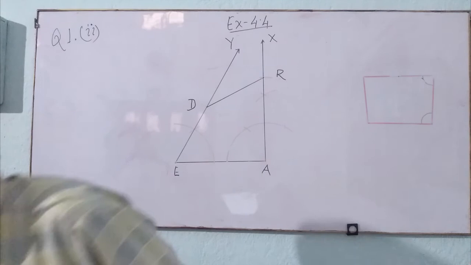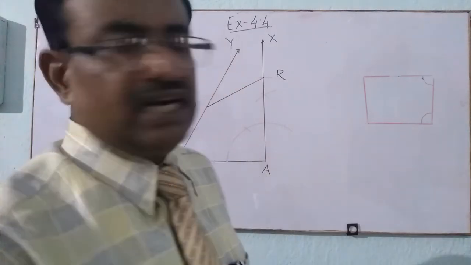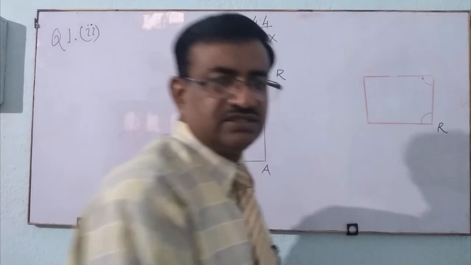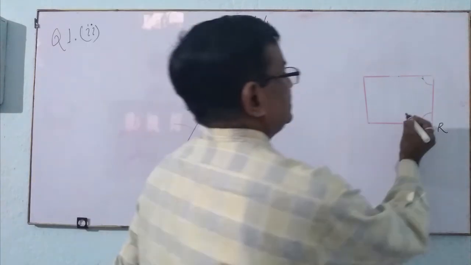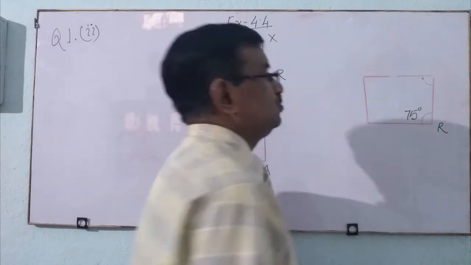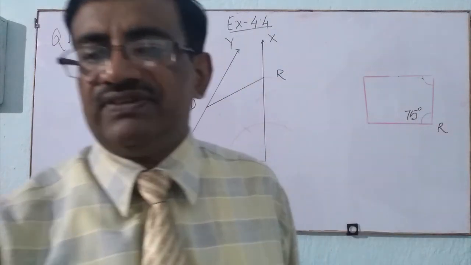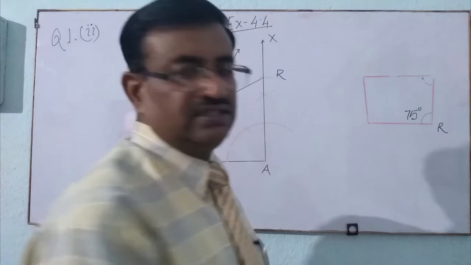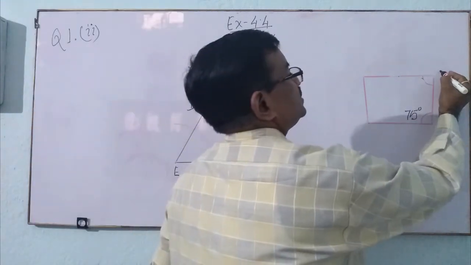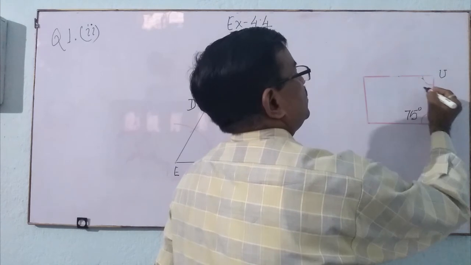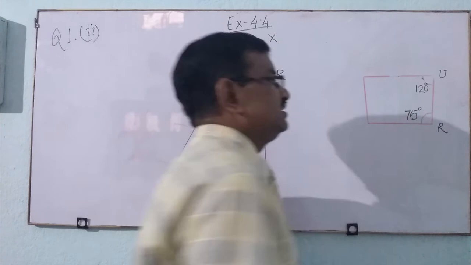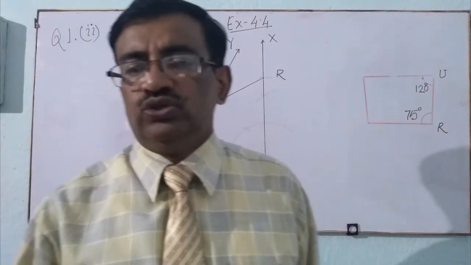Now here at point R it is 75 degree. You know how to construct 75 degree. At point U it is 120 degree, and three sides are known.